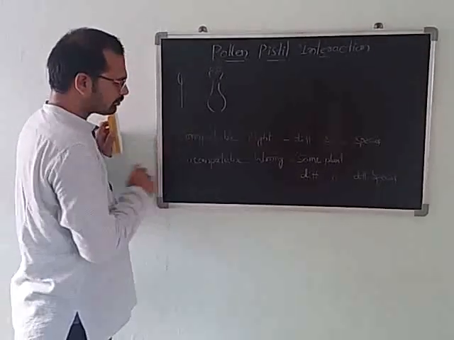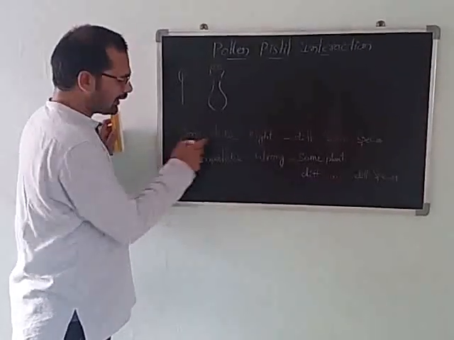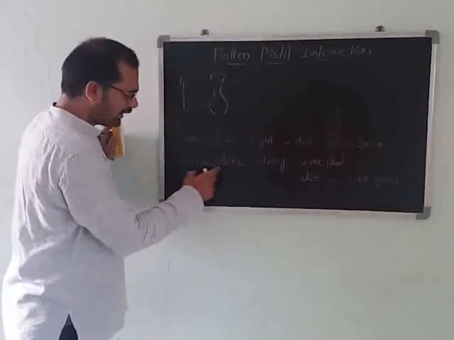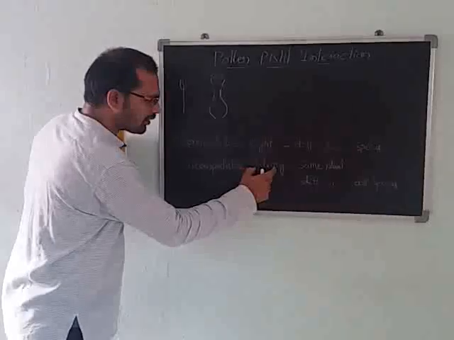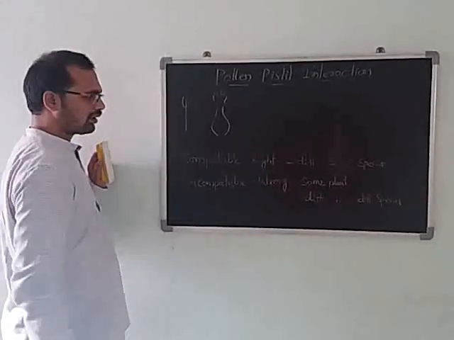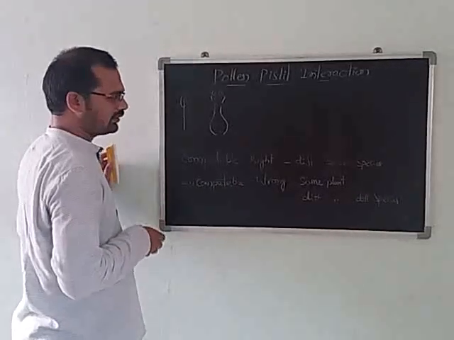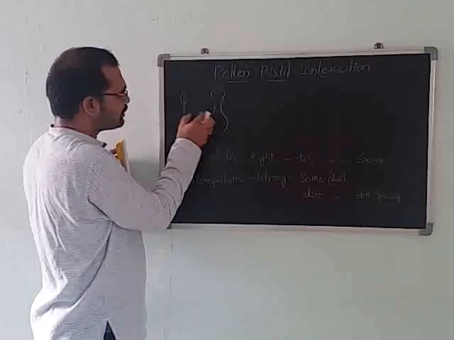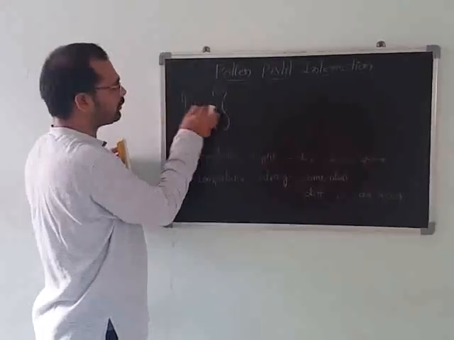Compatible we call the right type of pollen grain. Incompatible is called the wrong type of pollen grain. What is the compatible or right type of pollen grain? The pollen grain is released from the same species between two different plants.